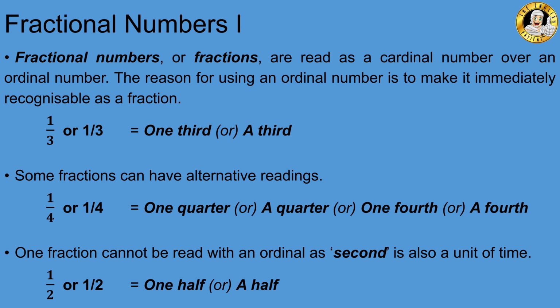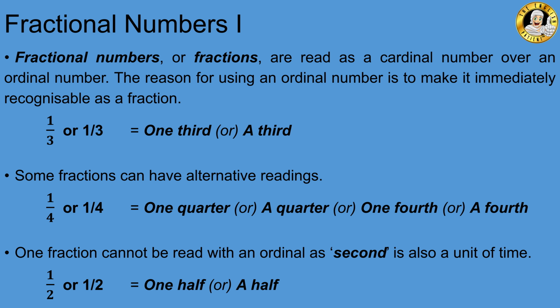But you can also read it as a fourth, remember a meaning one, or one quarter, or a quarter. Now there's one fraction which cannot be read as a cardinal over an ordinal number. And the reason for this is it would cause confusion, because the word second is also a unit of time. So in the example here, if I say 1 second, then you might think I'm literally saying 1 second.